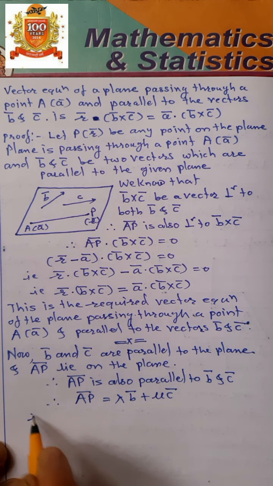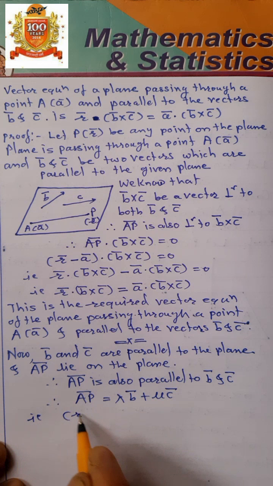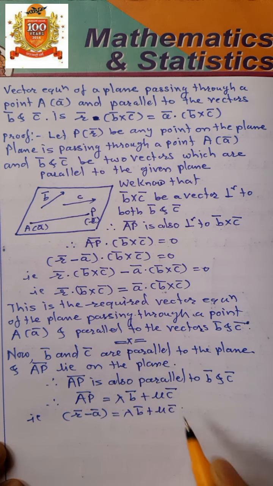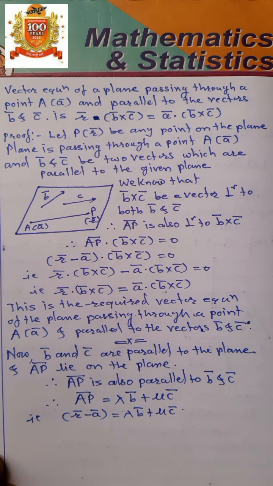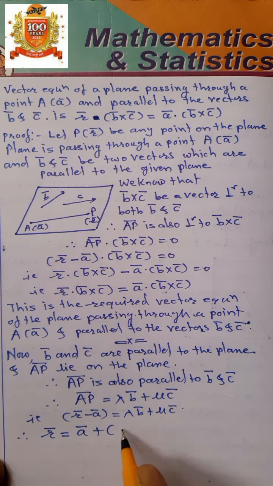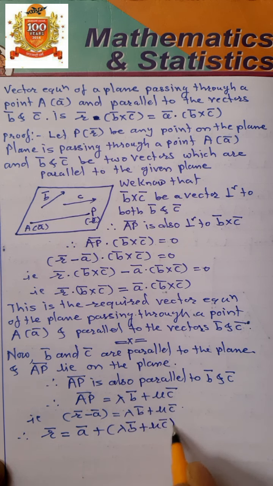That is, R bar minus A bar is equal to lambda B bar plus mu C bar. Therefore, R bar is equal to A bar plus lambda B bar plus mu C bar.